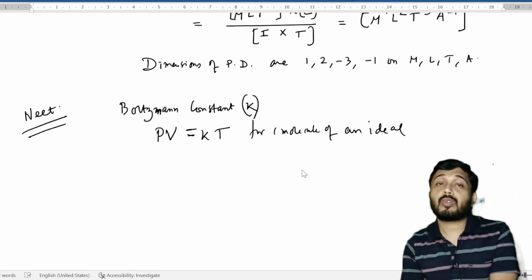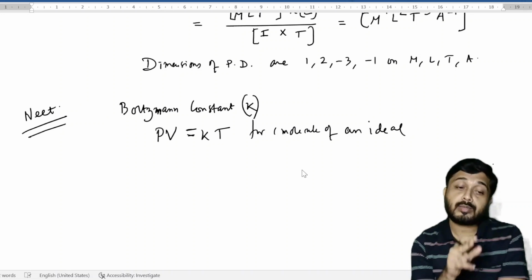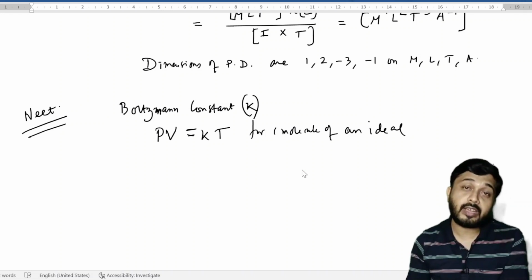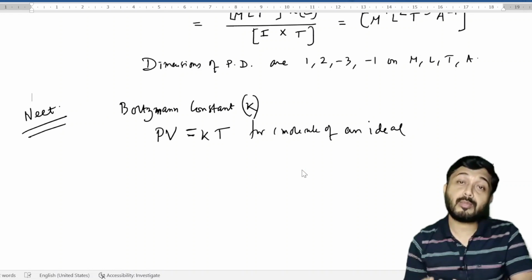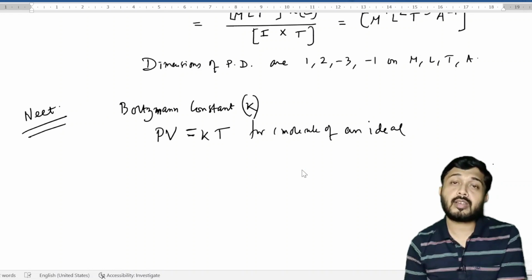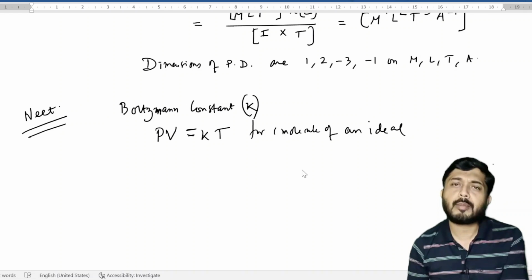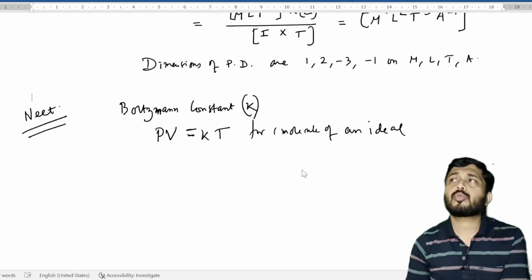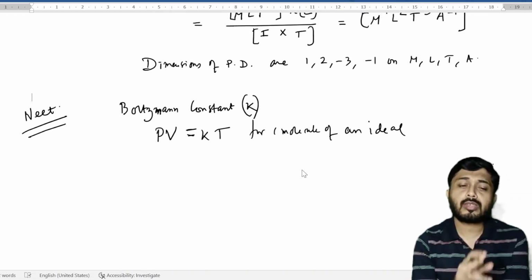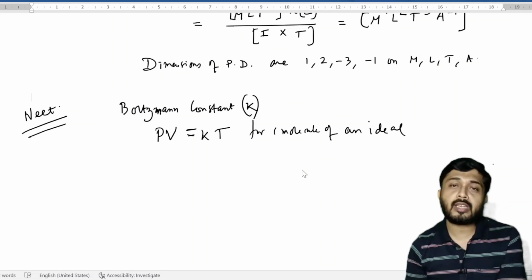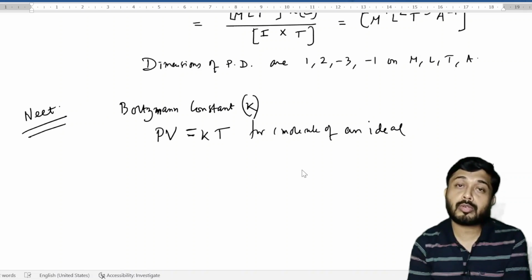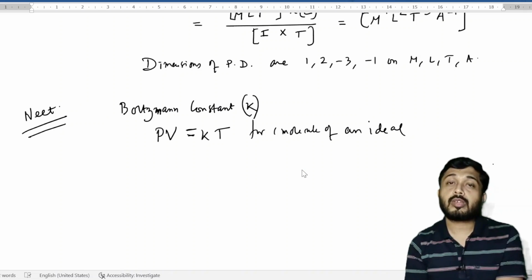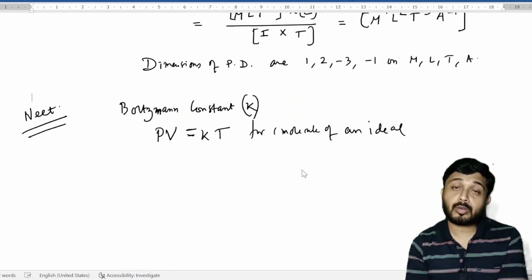For 1 molecule the equation gets modified to PV equal to KT, because in 1 mole of any ideal gas there are Avogadro's number of molecules, capital N. So for 1 molecule the equation becomes PV equal to KT, because K is equal to R by capital N, 6.022 into 10 to the power 23. That is Avogadro's number.